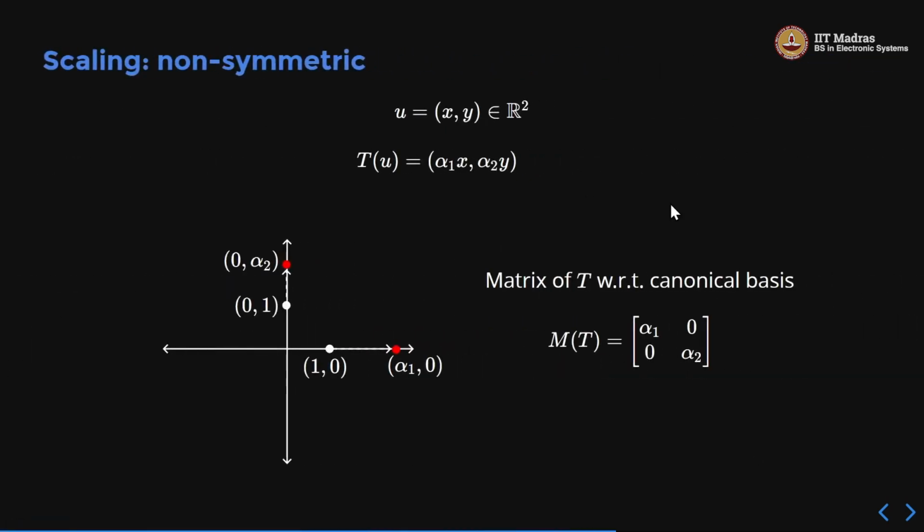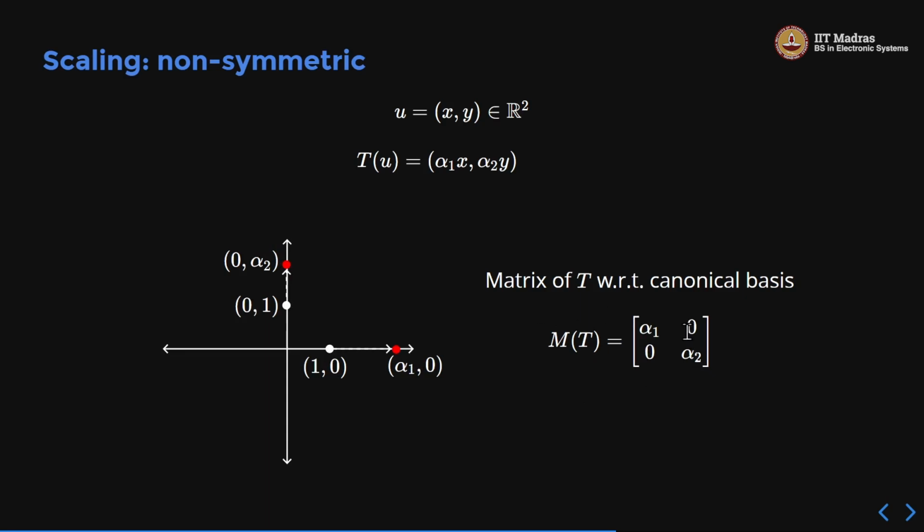Okay. Now here is a non-symmetric scaling, where I take a u in (x, y), and then my transformation scales the x-axis differently and the y-axis differently. So x is getting scaled by alpha 1, a slightly larger value here, and y is getting scaled by alpha 2, which maybe is a smaller value here, right? So what happens to (1, 0)? It goes to (alpha 1, 0). So my column vector is (alpha 1, 0), and then (0, 1) goes to (0, alpha 2).